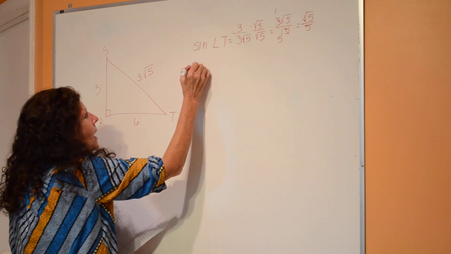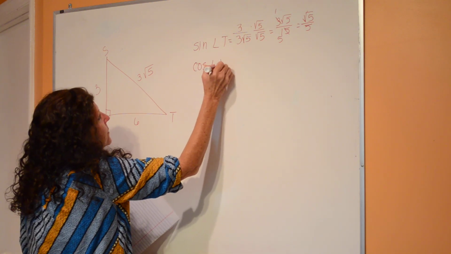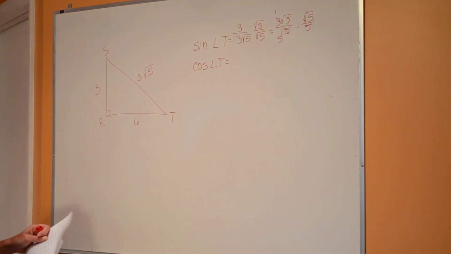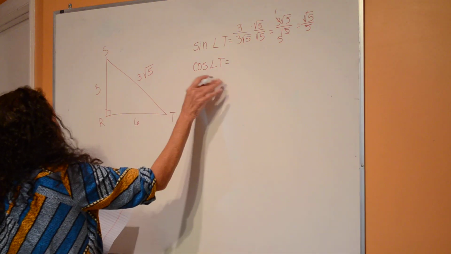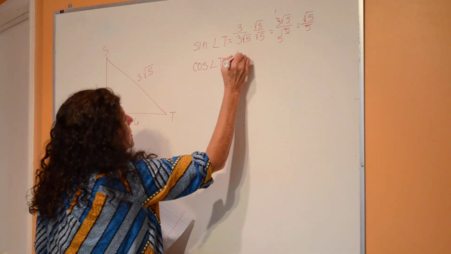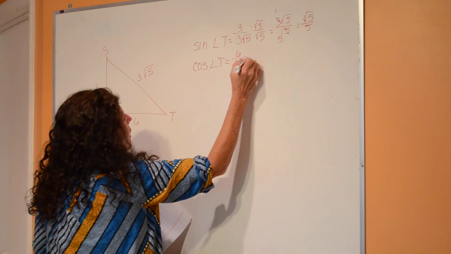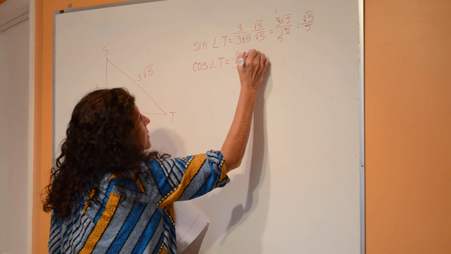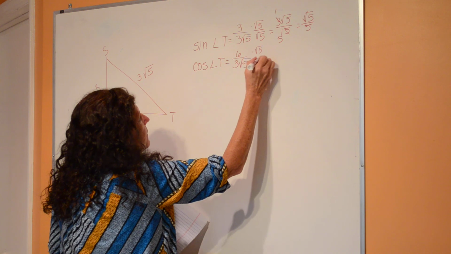Then I have my cosine of angle T. Okay, you got to put the angle there or you don't know where you're standing on the circle or on the triangle. So the cosine is going to be adjacent over hypotenuse, or 6 over 3 on the square root of 5. Again, I have to rationalize, so I'm going to multiply the top and the bottom by the square root of 5.